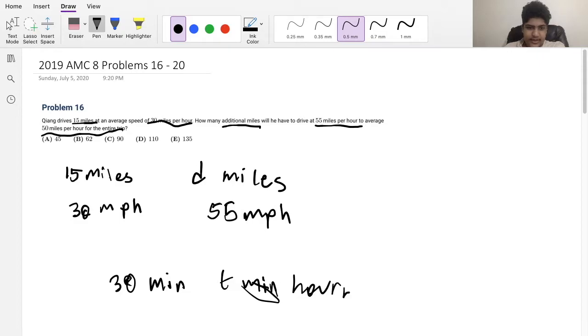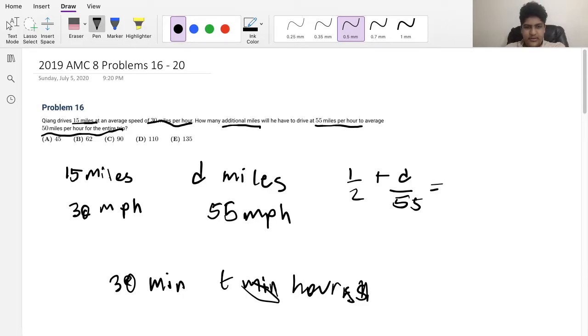Since t is equal to d divided by 55, we have that 1/2 hours plus d divided by 55 miles per hour is the total amount of time.